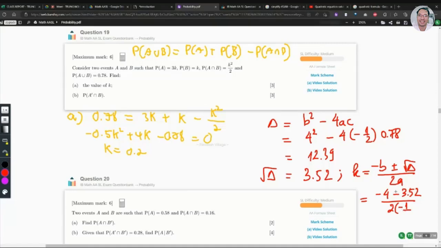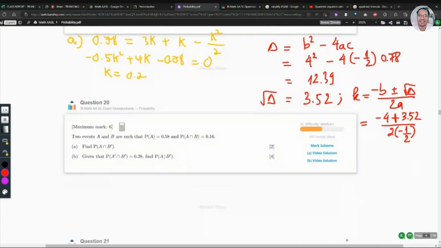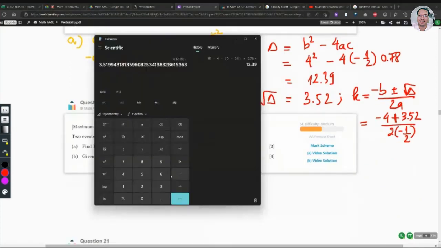So we have to take the plus sign here, so that the result is less than 1. Divide by 1/2 here. So this is the solution: minus 4 plus 0.52 and then divide by 2 times minus 1/2. That is different. Something is wrong.